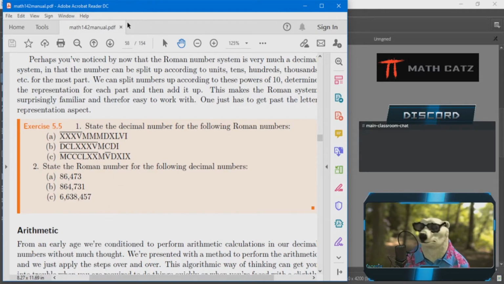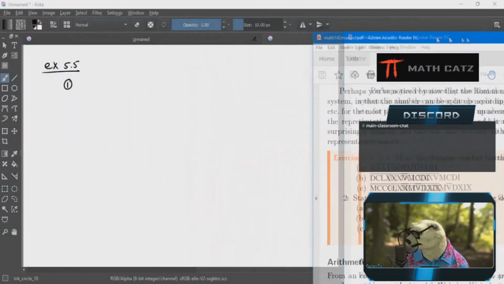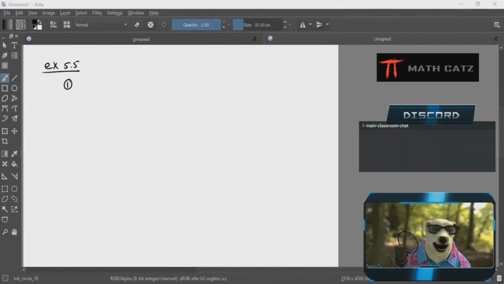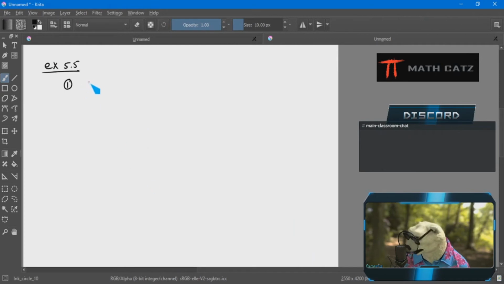I'm just going to move this over so I can see it on my other screen, and I'll try and copy this without a mistake. 3 X's, that's an X with a line. 3 X's, a V, and they have a line. Then 3 M's, a D, an X, an L, a V, and an I. Hopefully that's correct. If I make a little mistake, let's just go with the number I write down.